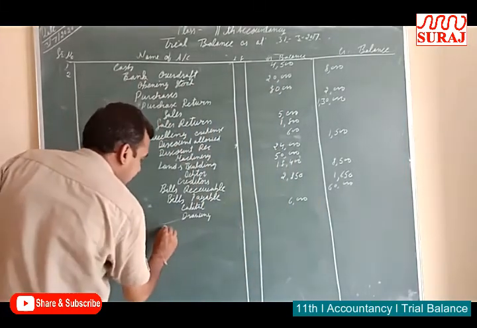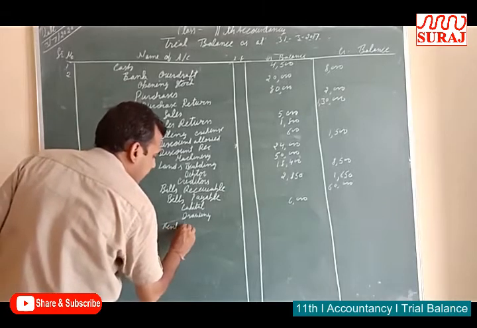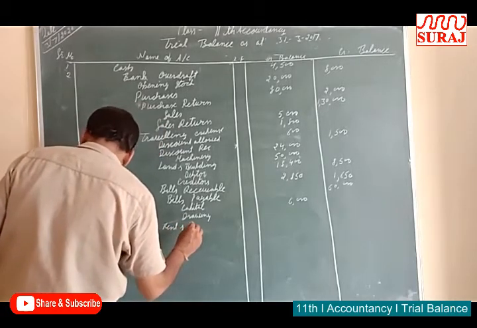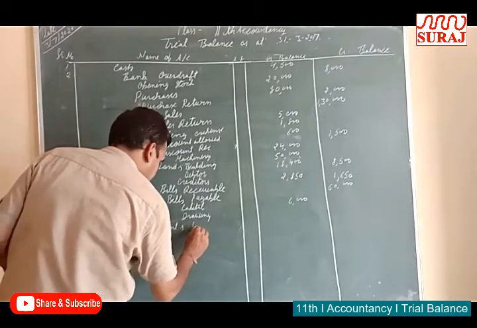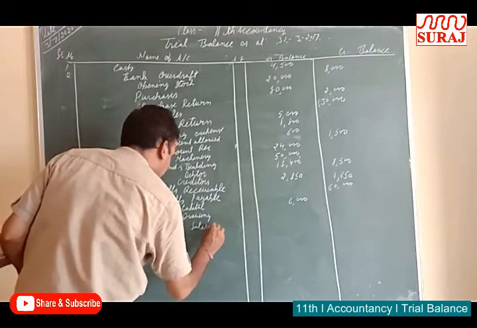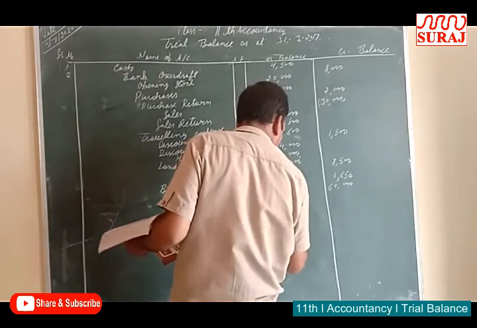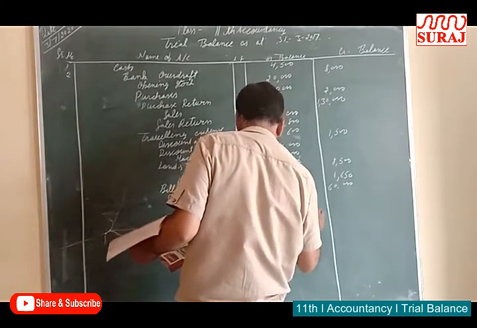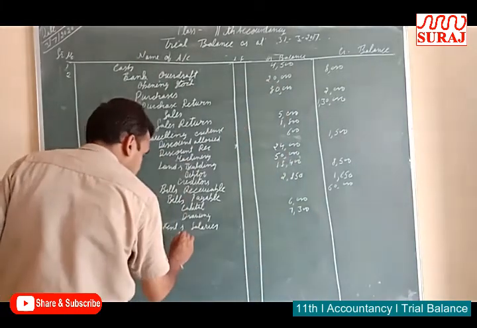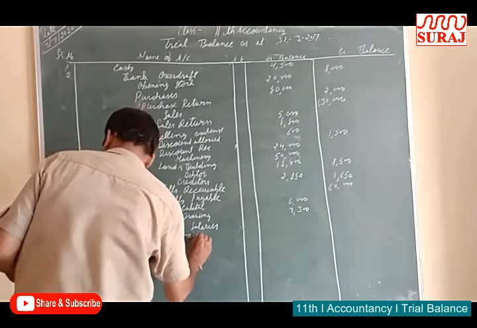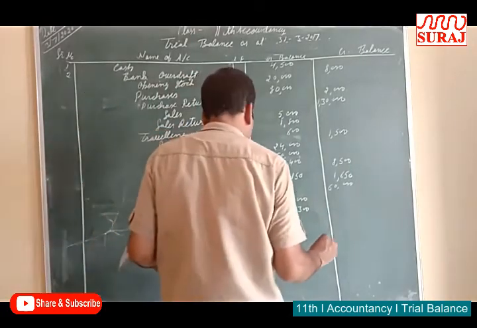Rent and salary. Dear students, to save space I write rent and salary in one column. Both are expenses and have debit balance. These are 7,300. Loan, liability, credit balance.